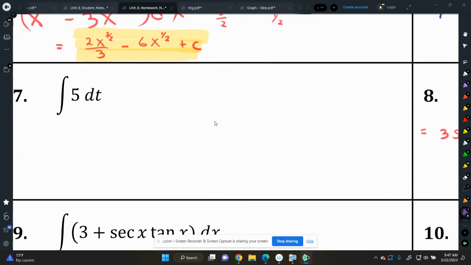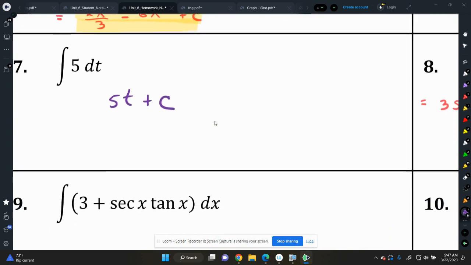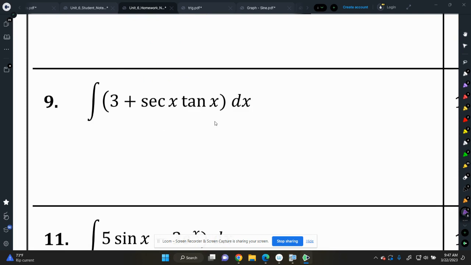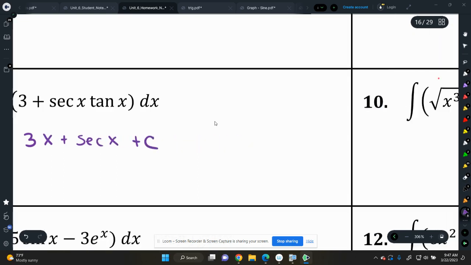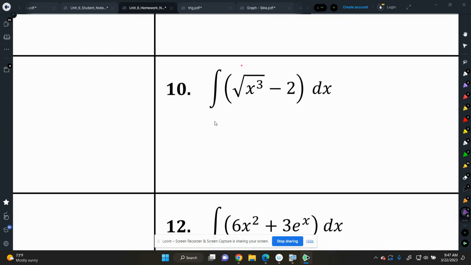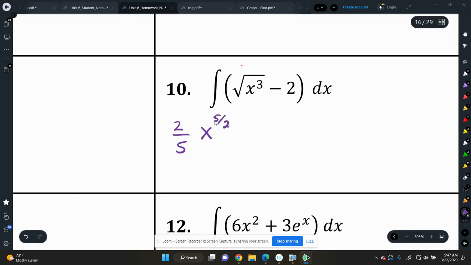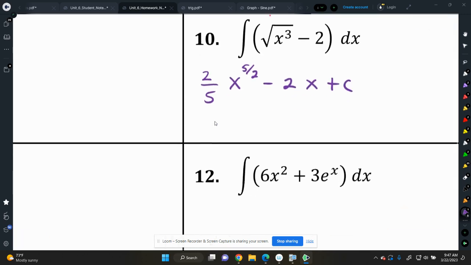Okay, number 7, 5t plus c. We did 8. Number 9, 3x plus secant x plus c. Number 10, we're looking at 2/5 x to the 5/2 minus 2x plus c.